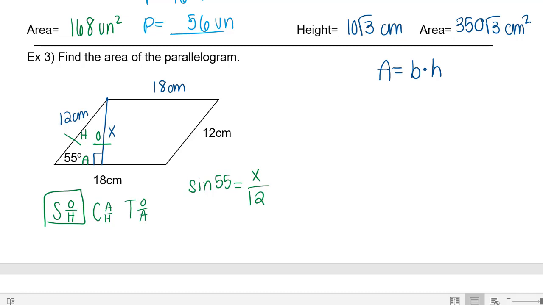And then we cross multiply, and we get x is equal to exactly 12 times sine of 55. Okay, this means very little to me. Let's find an approximate value just so we have an idea of approximately what that looks like. So we're going to multiply 12 by our sine of 55, and we'll get 9.829824, et cetera.